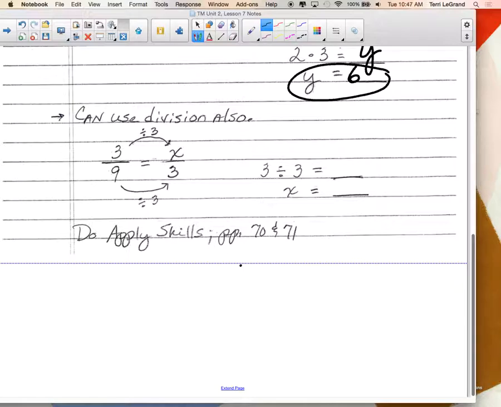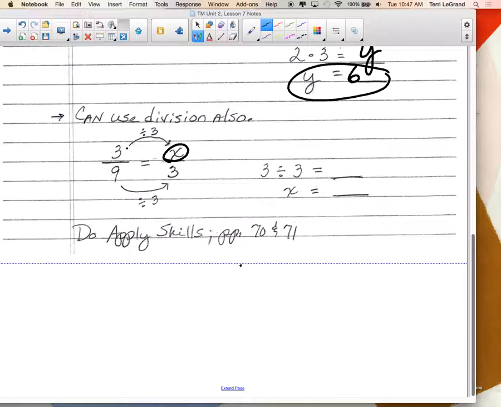The other thing I want to talk about is with the horizontal strategy. Just like with the vertical strategy, we can use division. Sometimes we divide in the vertical strategy, don't we? We often divide, not multiply. So we can use division also. In this one right here, we need x, this is what we're looking for.